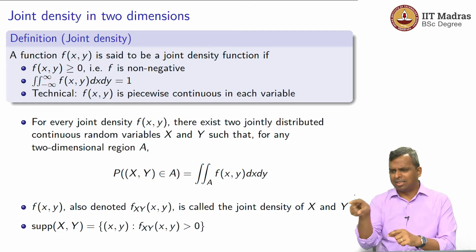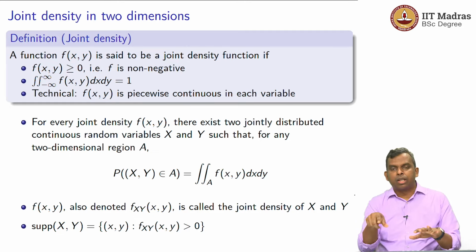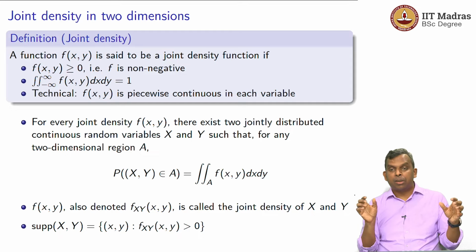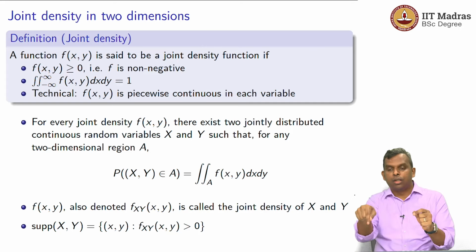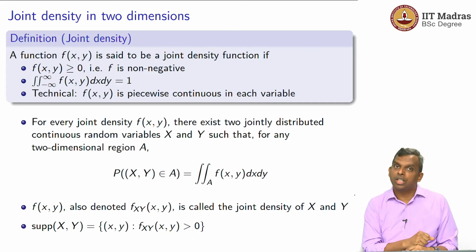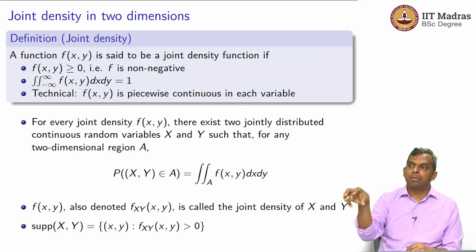Maybe it's a circle, maybe it's a rectangle, on the 2D plane you just draw some region. What's the probability that both my random variables take values so that, when you plot x comma y, you land in that region? It's a very reasonable question, right? What is the probability that both of them will lie together? What is the probability that the sepal length and sepal width will be within 4, let's say?